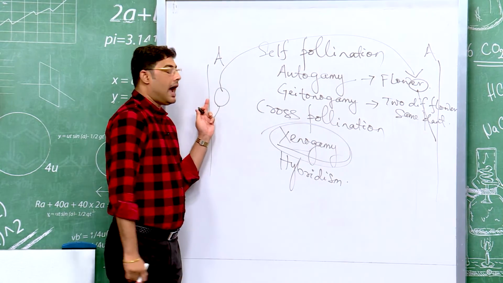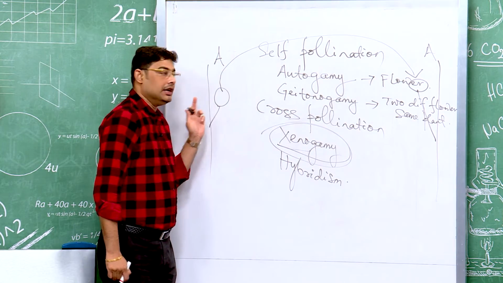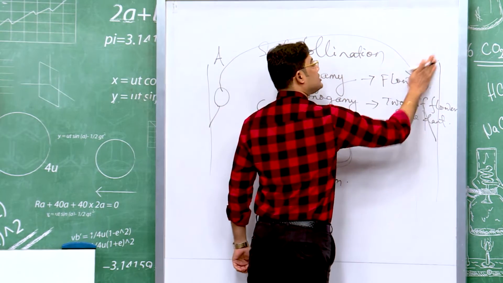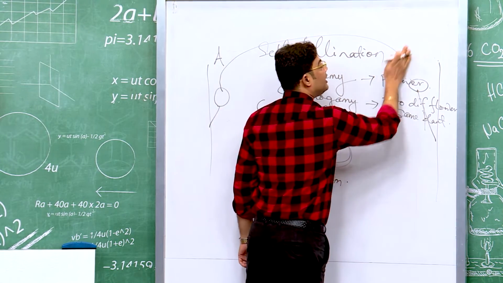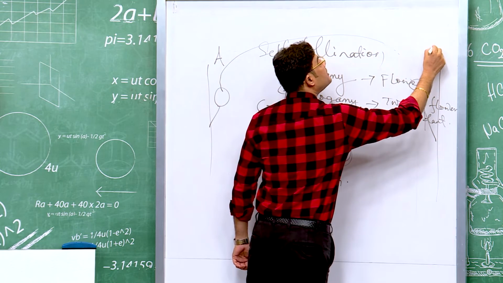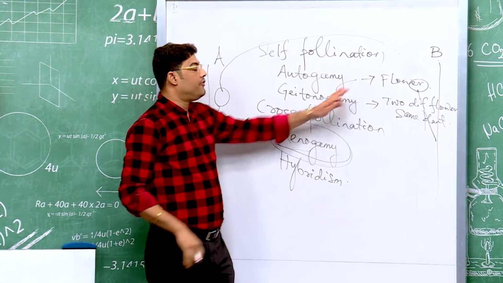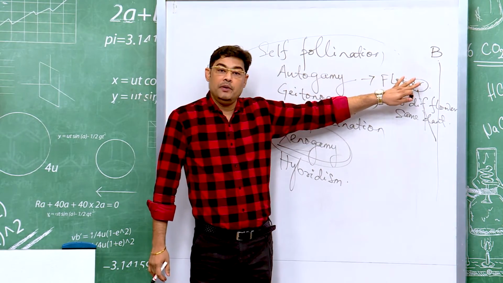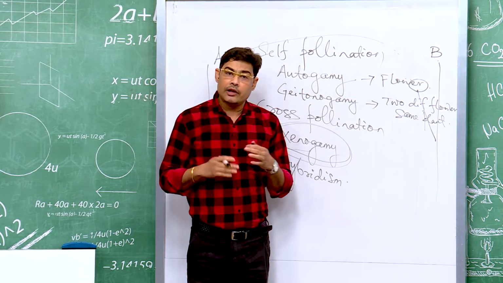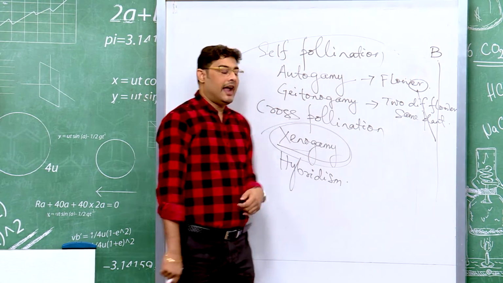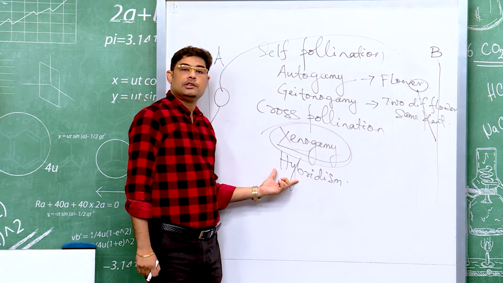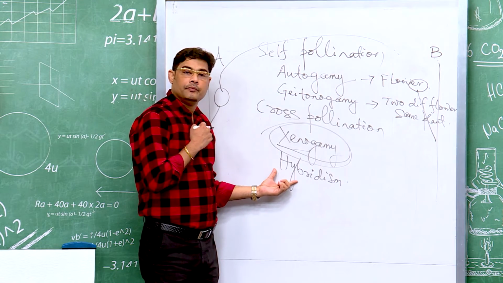But suppose I have one plant A here and another closely related plant, another allied species, suppose B, and the pollen grain falls on the stigma of the flower of B, pollination takes place and fertilization also takes place. Then that is another kind of cross pollination known as hybridism.